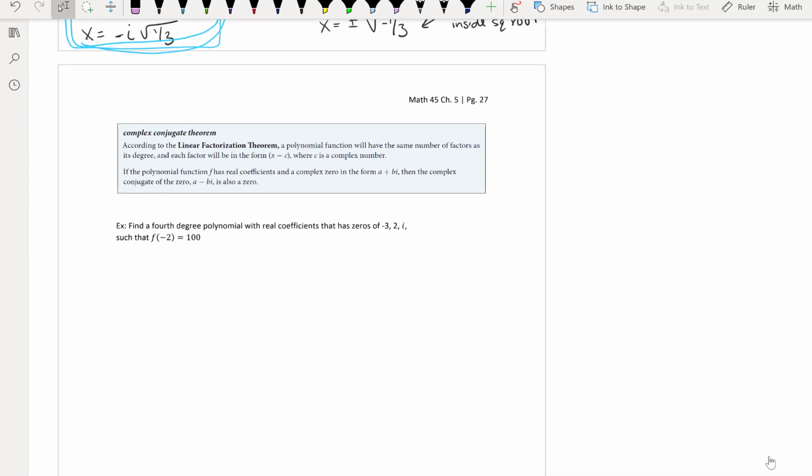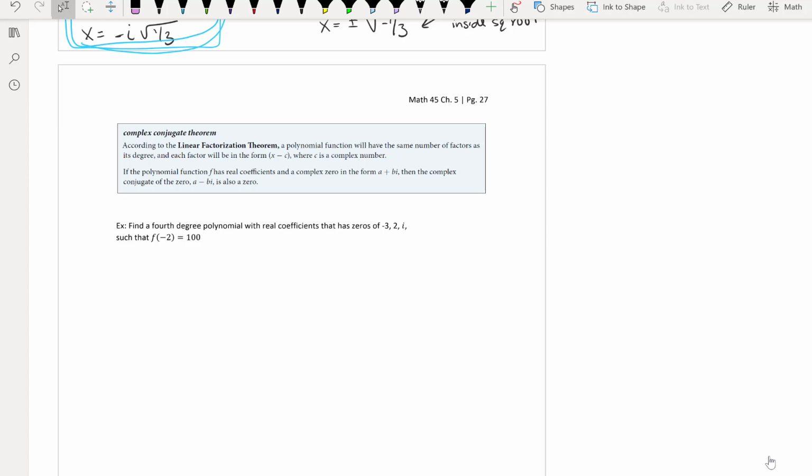So we have the complex conjugate theorem. So here, according to the linear factorization theorem, a polynomial function will have the same number of factors as its degree, and each factor will be in the form x minus c, where c is a complex number. If a polynomial function f has real coefficients and a complex zero in the form a plus bi, then the complex conjugate of the zero, a minus bi, is also a zero.